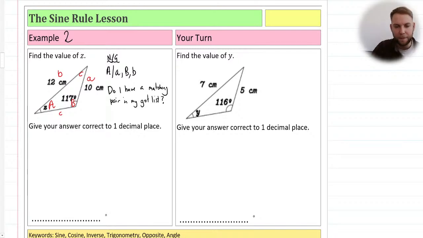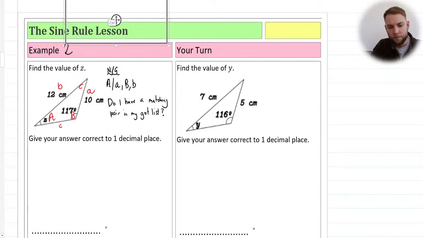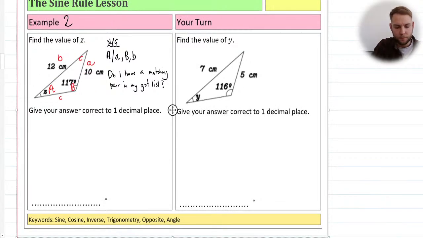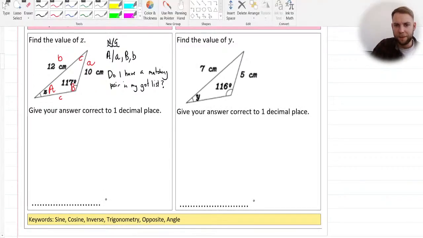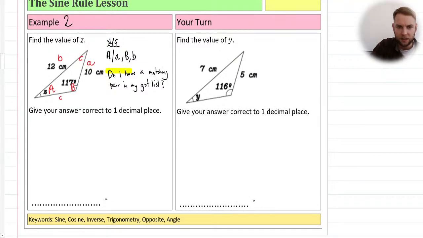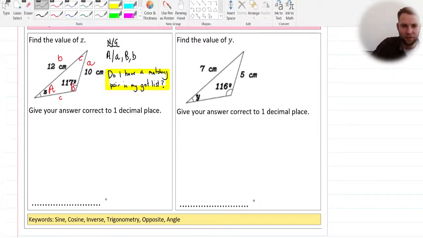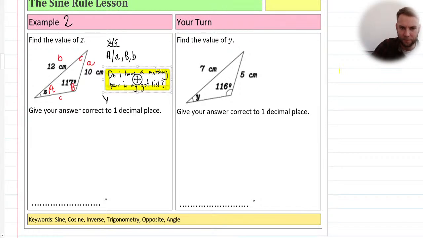It's really important, that. And we know that the answer in this case is yes, so I'm going to be using the sine rule.